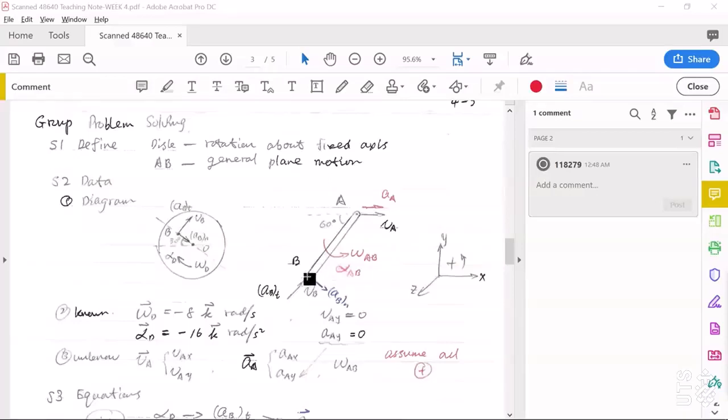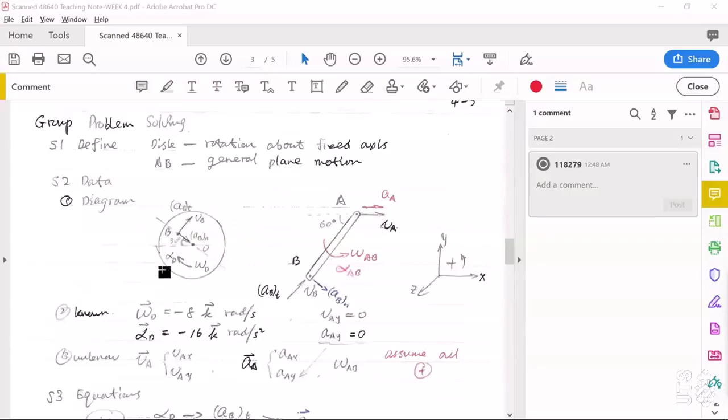But how about point B? For point B, this is the pin connection point between this link AB and the disk. So we will look at the point B in the disk firstly.